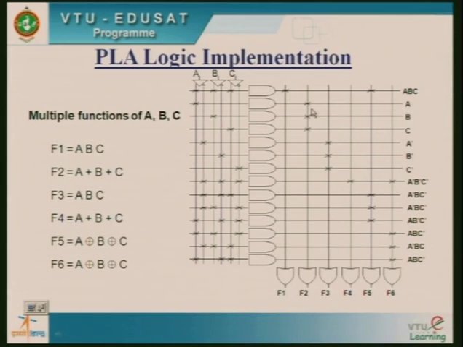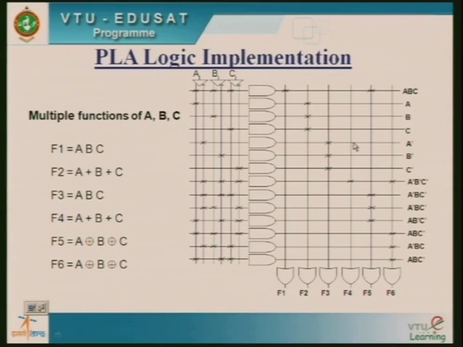For F2 similarly, I just want A, B and C. So I can get A here, B here and C here. So all three are taken, blown here to get F2.